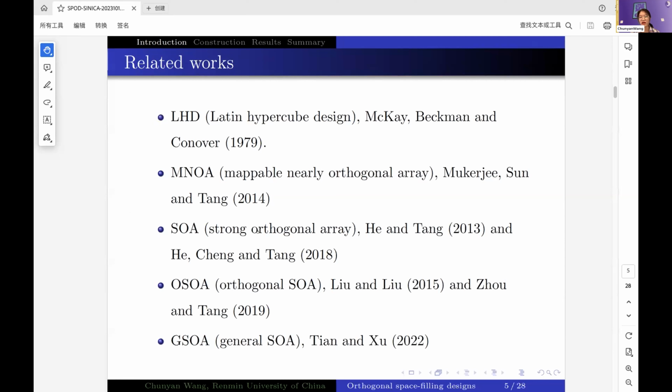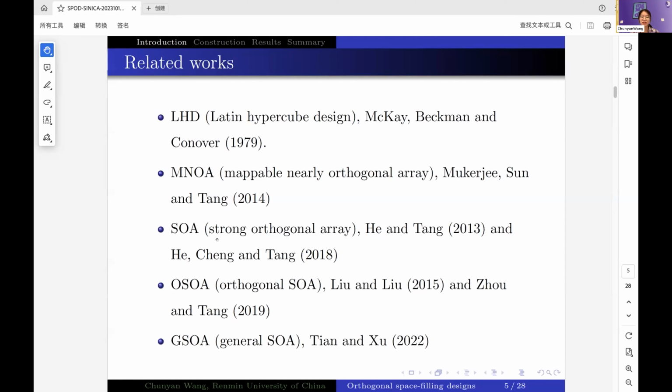That is, each column has the maximum projection on each factor, so it achieves the maximum stratification in one dimension. The second and the third are mappable nearly orthogonal arrays and strong orthogonal arrays.